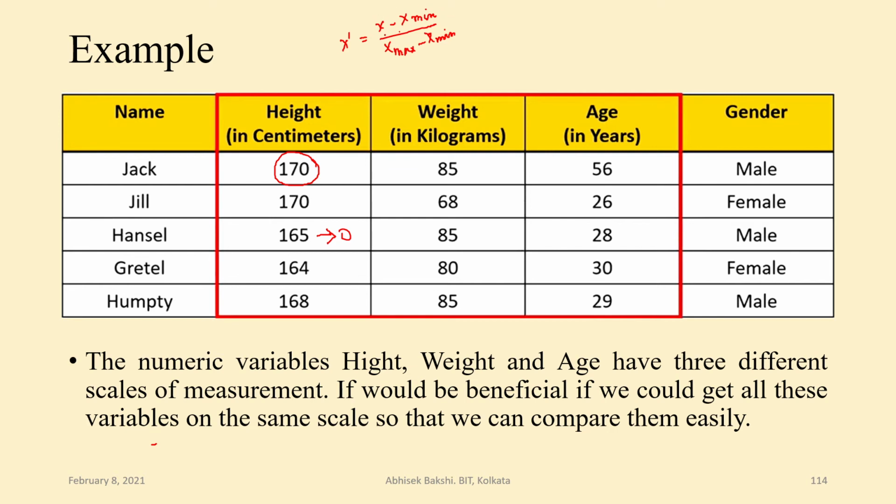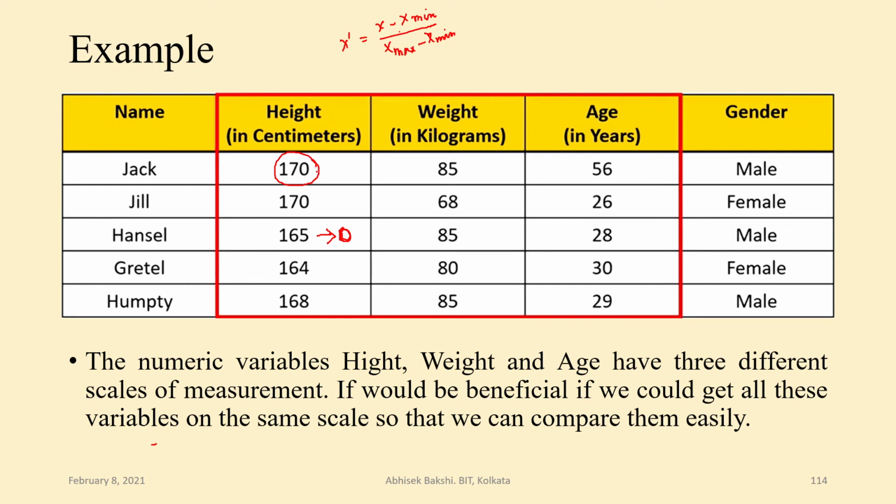If the upper part is 0, obviously this will become 0. And if I consider this 170, this is the highest value in the whole column, so x max is 170.